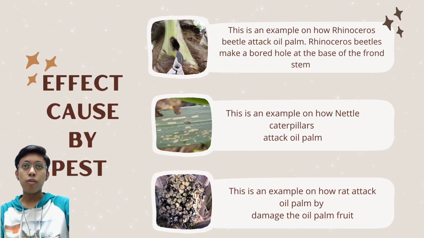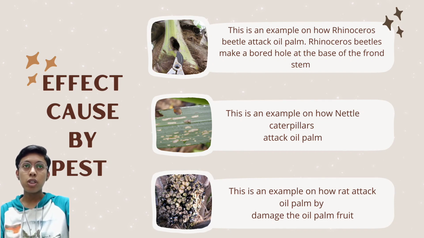Now we move to the effects caused by pests in oil palm plantations. There are 3 example pictures that show the effects caused by pests. The first one is an example of how the rhinoceros beetle attacks oil palm, by making a bored hole at the base of the frond stem.